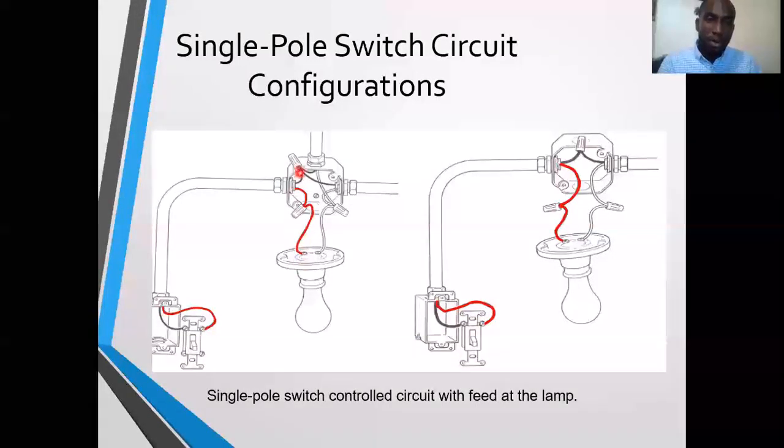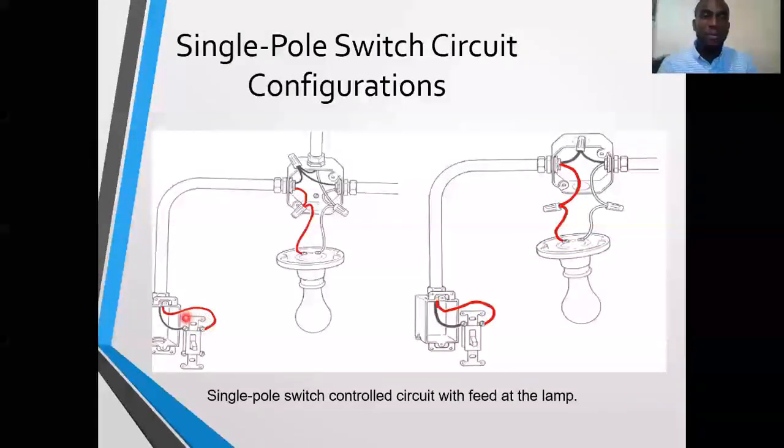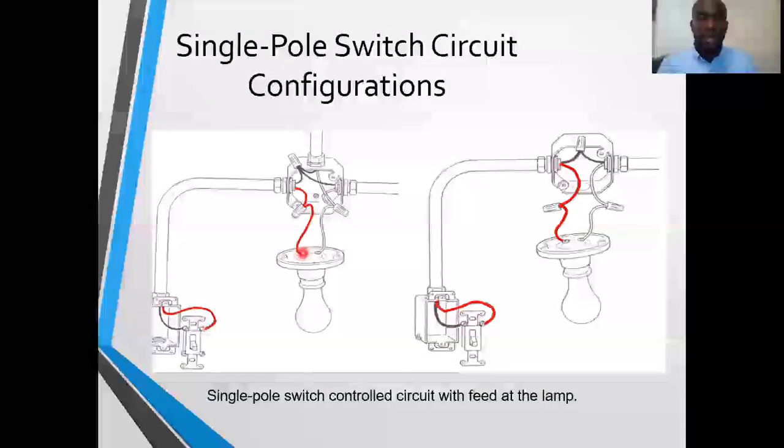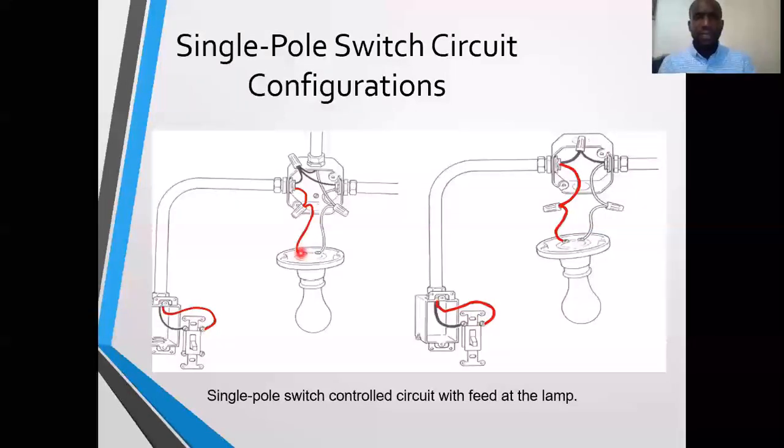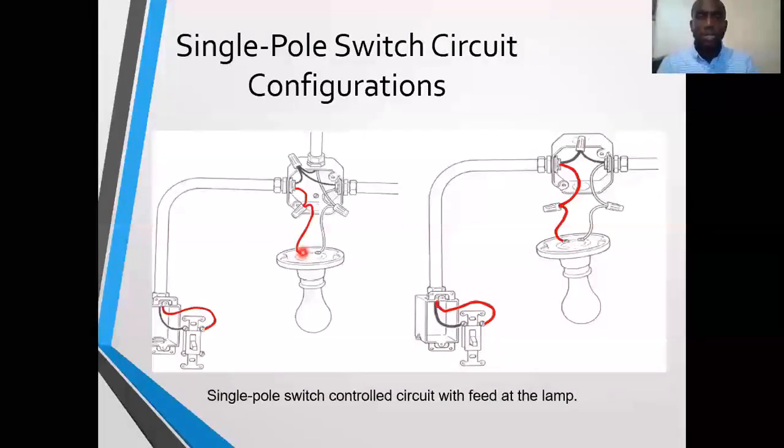So the main hot source black will go down into the single pole switch, connect to one side of the single pole switch, while the red, which is the switch feed, will come from the opposite side and will be connected to the lamp. This is the general way in which the single pole switch is used to connect to a lighting fixture.